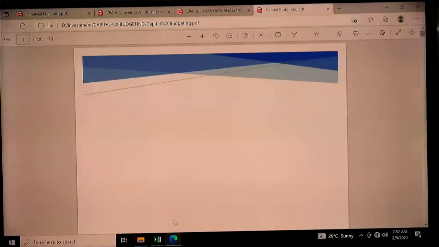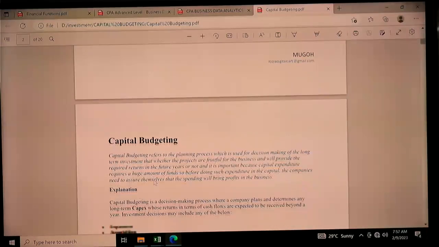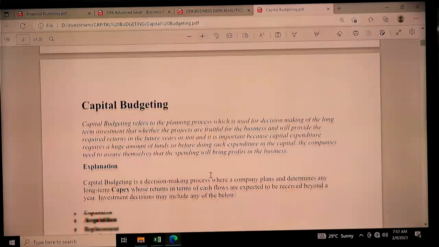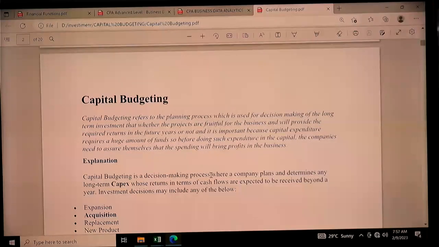And we were told that capital budgeting is actually a planning process, which is used for decision making for long-term investments. That is, whether the project is fruitful for the business and will provide required returns in future or not. It is important because capital expenditure requires a huge amount of funds.